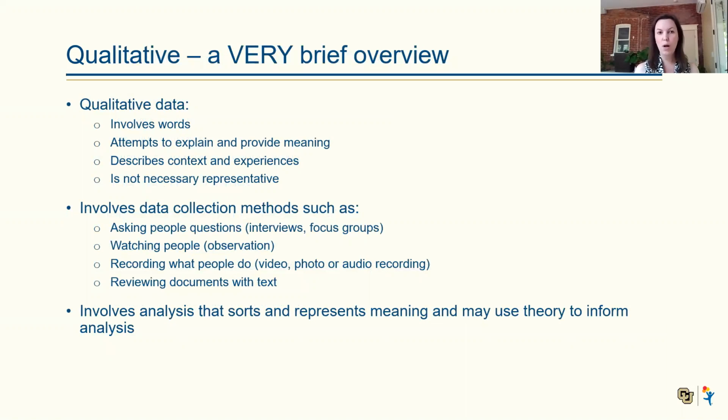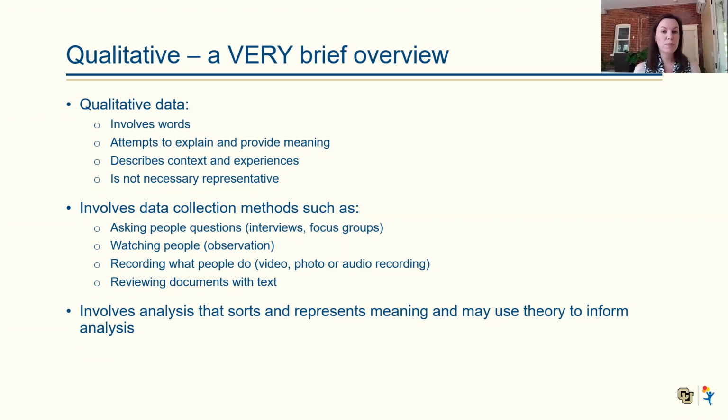In contrast, qualitative research involves words. You are attempting to explain and provide meaning about a particular phenomenon or the context in which a phenomenon occurs. It is not necessarily representative of an entire population. Qualitative data collection often involves talking to people, so engaging people in interviews or focus groups. You might be watching people through observations.